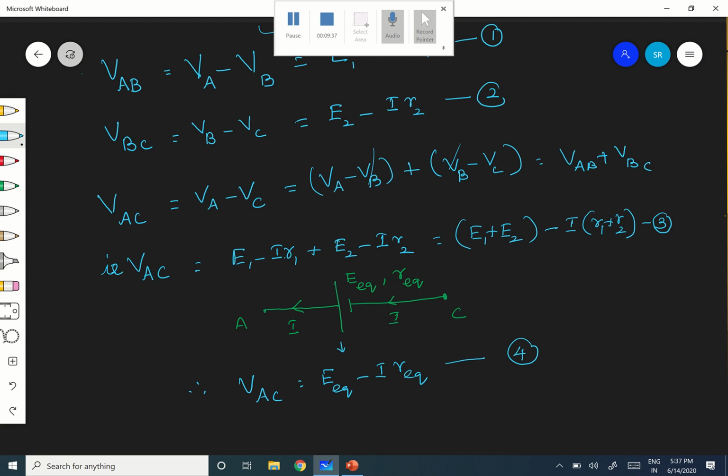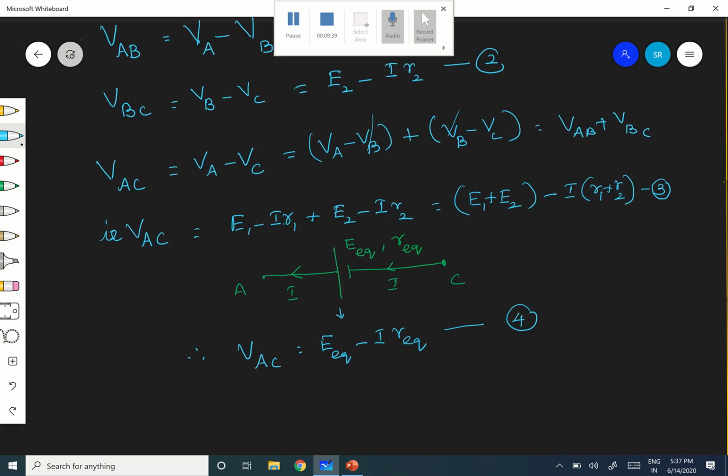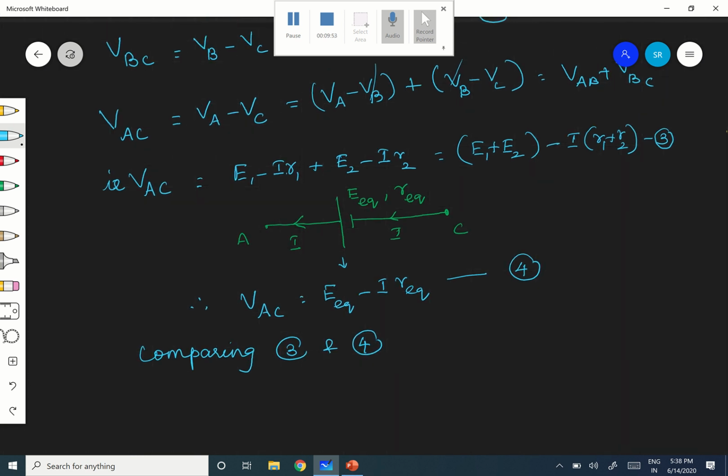Therefore, now what you have to do is compare. 3 and 4 are same only, no? Comparing 3 and 4, because VAC is the same now. Why? The effect is the same.